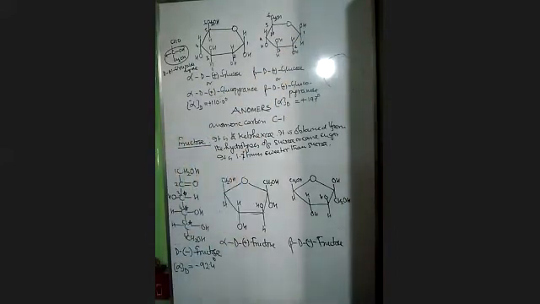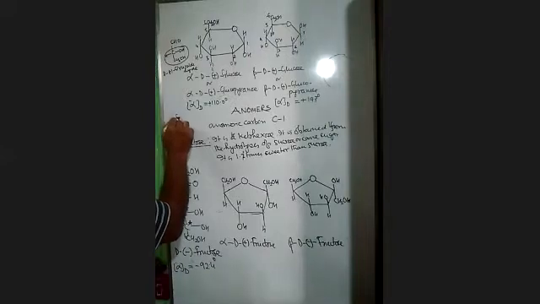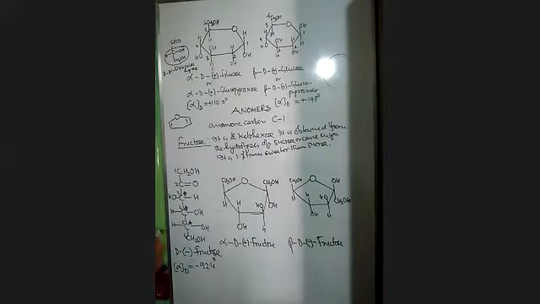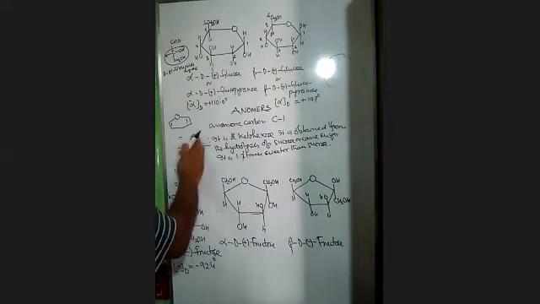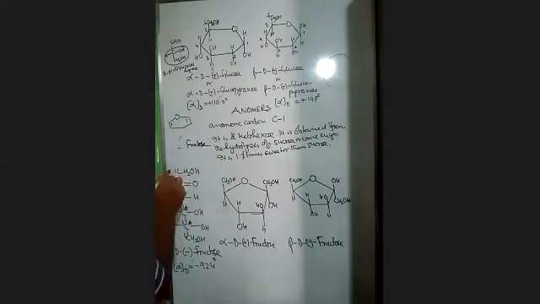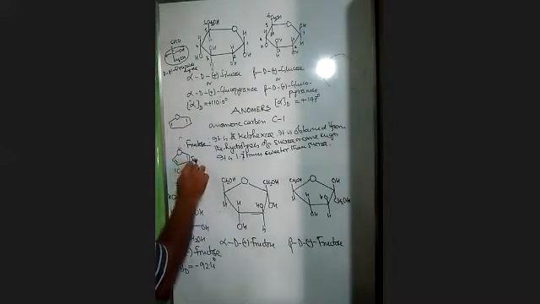This 5-membered ring is not called pyran. See, there is one molecule in organic chemistry: when the ring was like this, we called it pyran. There is another molecule which is 5-membered, and this is called furan.